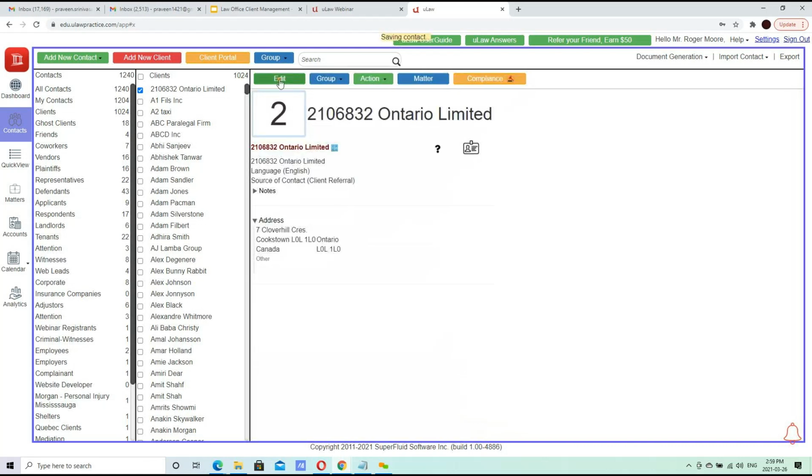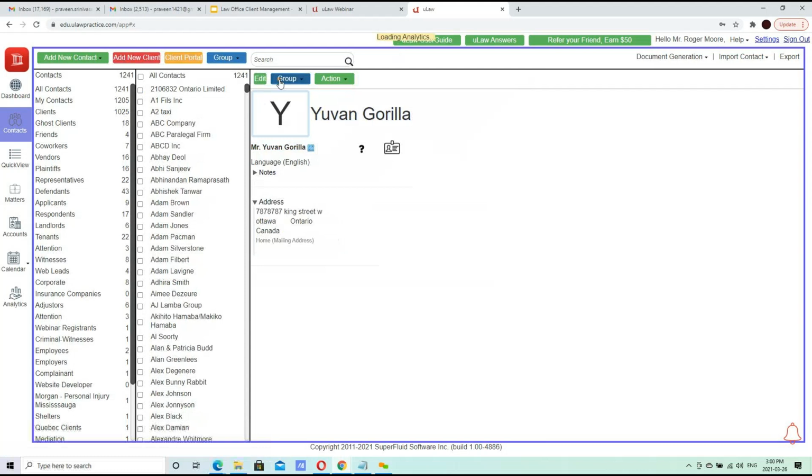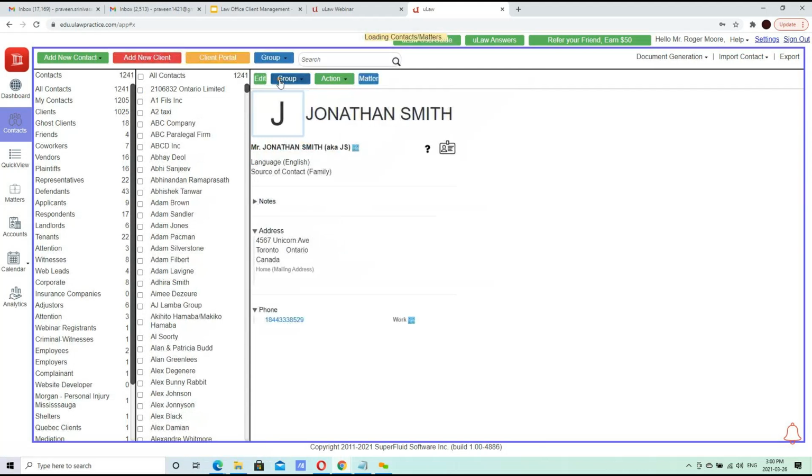Simple client intake form. In this case, I've just assumed that I've entered it as I was on the phone, or maybe I received the email and I've entered it into my system. Okay. One of the first steps that you would do, as I mentioned earlier, is move on to creating the conflict screening to make sure that you're able to move to the next steps.